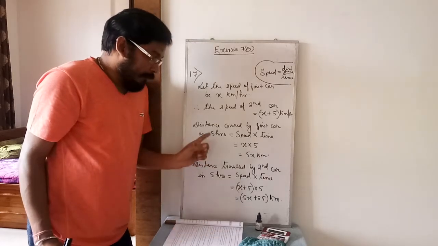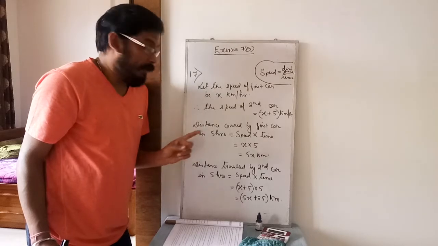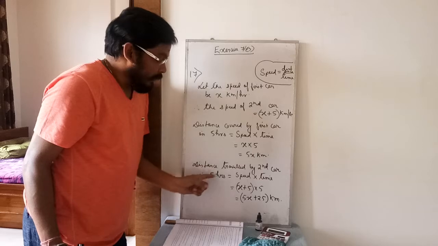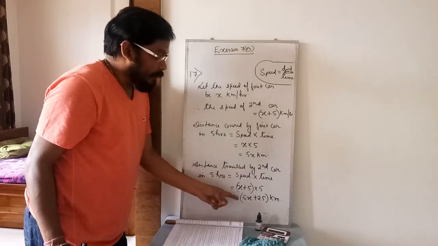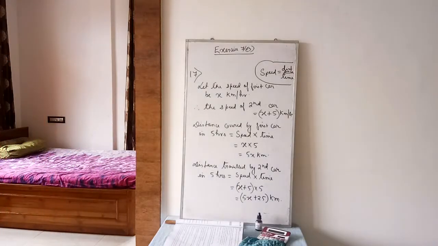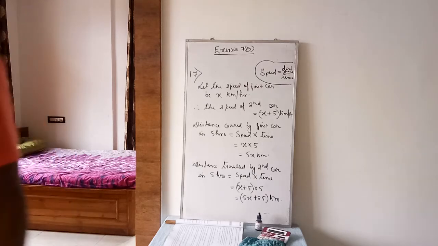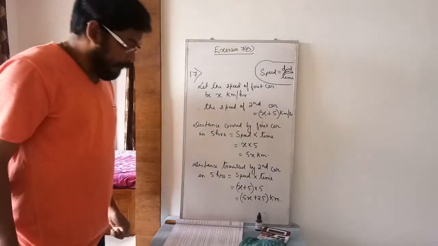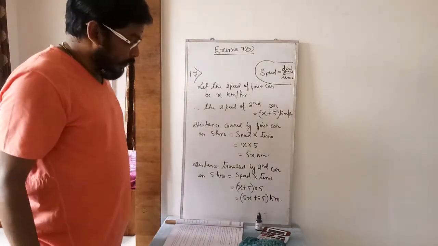The distance formula is speed into time, so the first car is 5x and the second car is 5x plus 25. Take the screenshot.